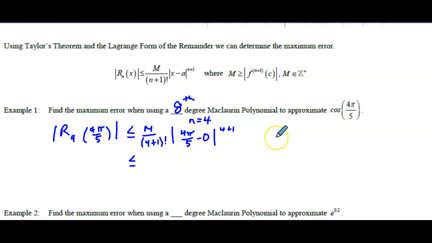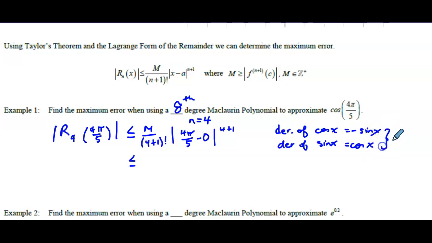So let's think about the next derivative. Remember, the derivative of cos of x is negative sine of x. Derivative of sine of x is cos of x. So think of the values that you get. No matter what x it is, the maximum value of negative sine of x and cos of x is going to be 1.